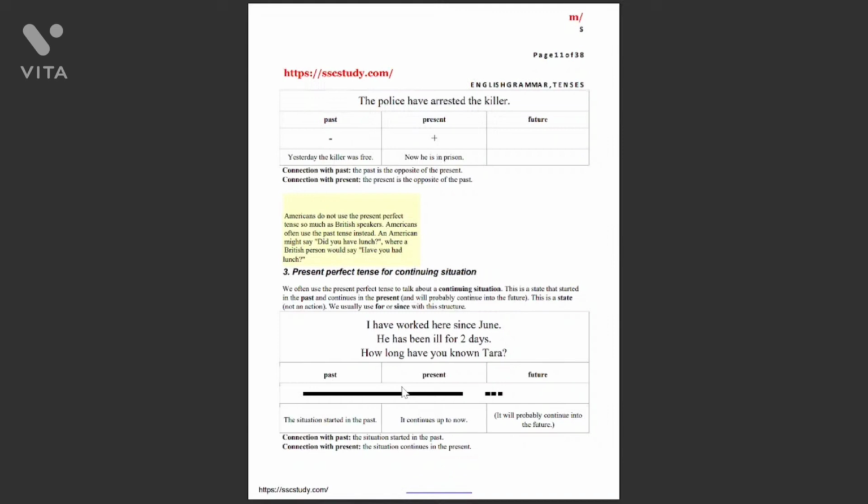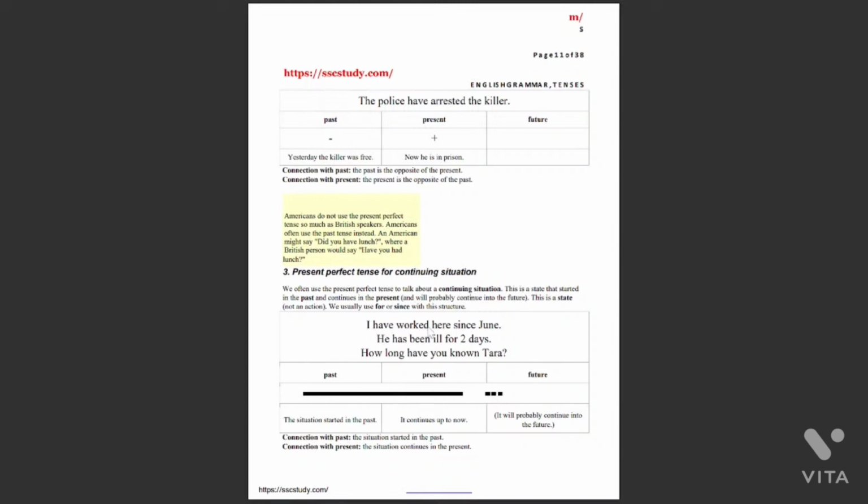I have worked here since June. He has been ill for 2 days. How long have you known Tara? So these are things in the present and past that are continuing. These 3 dots indicate that it is continuing.